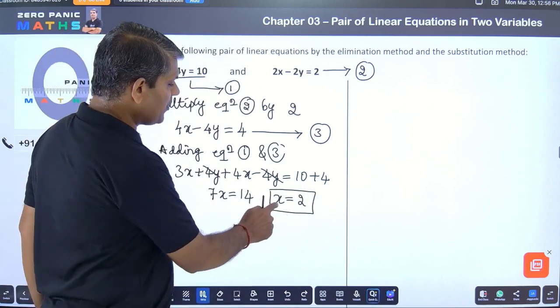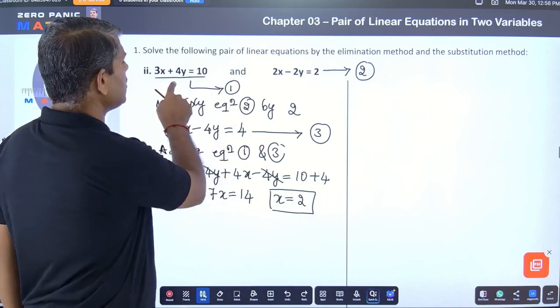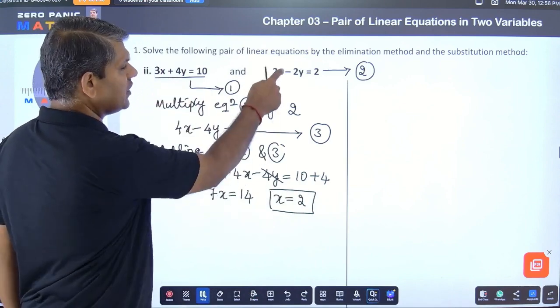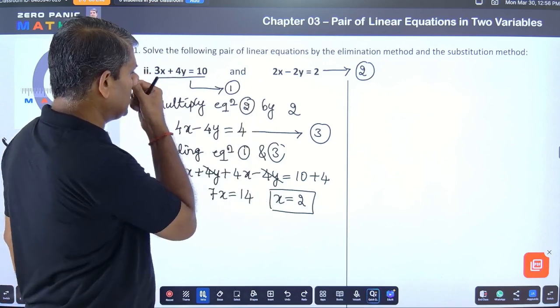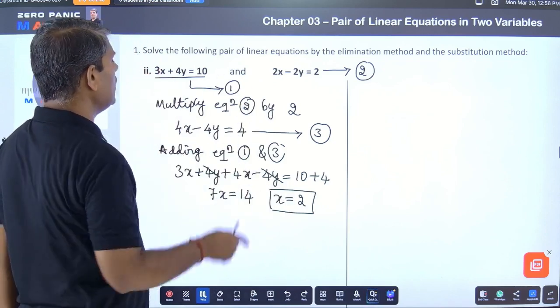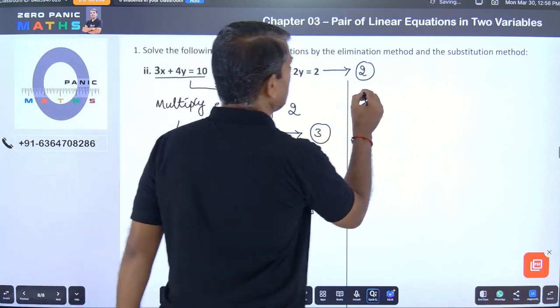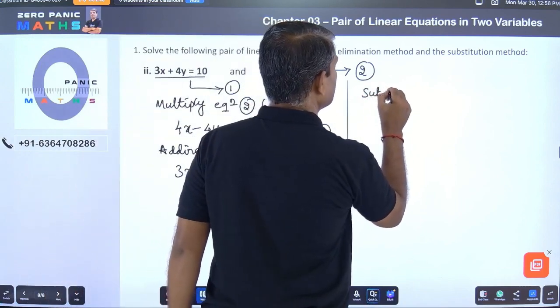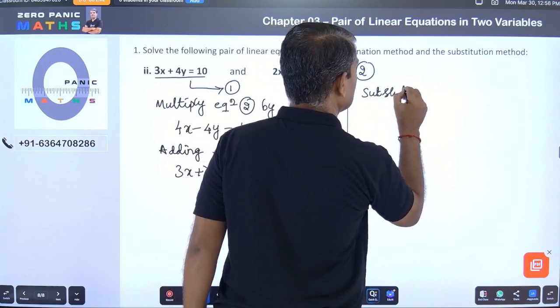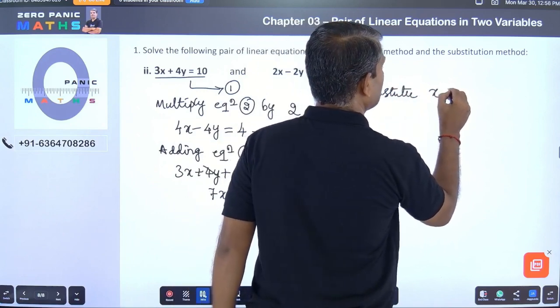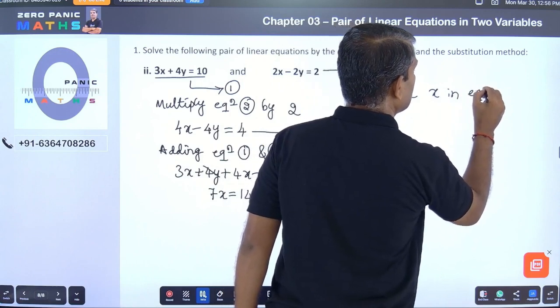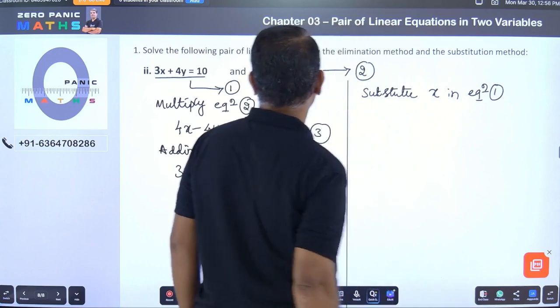Now let us substitute the value of x in equation 1, because we have derived the x value from equation 2 itself. Substitute x in equation 1.